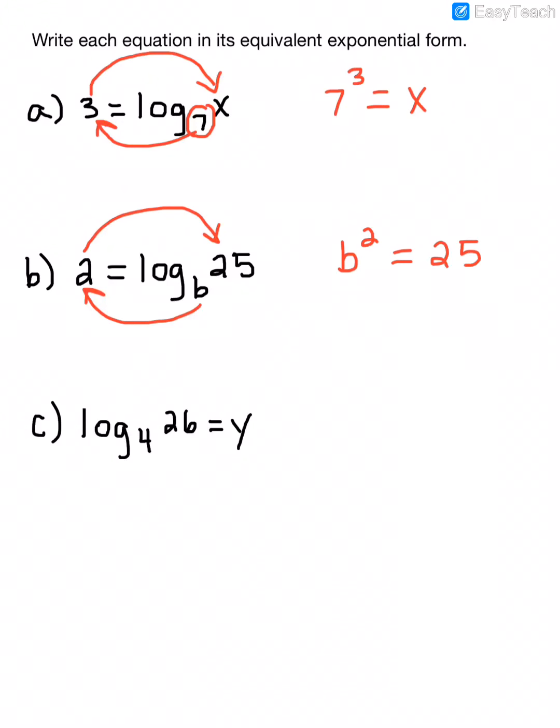Now C is written a little differently. They've just switched the sides. So we still start with our base. In this case, our base is 4, and our exponent is what it's equal to. So 4 to the y power equals the argument, which is 26.